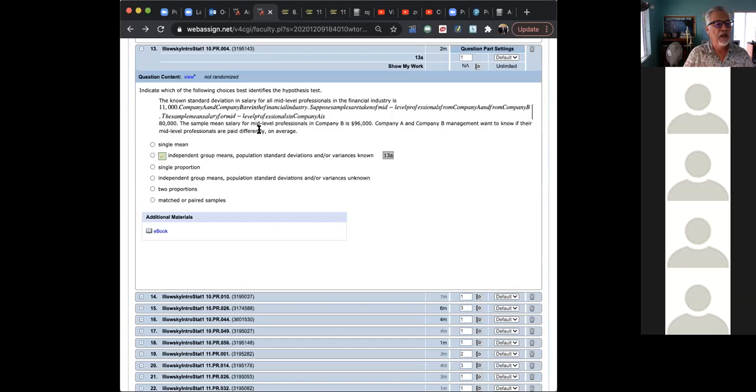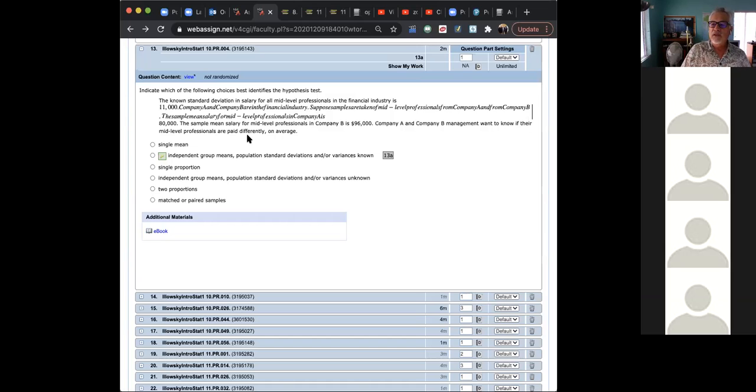The sample mean salary for mid-level professionals in Company B is $96,000. Company A and Company B management want to know if their mid-level professionals are paid differently on average.